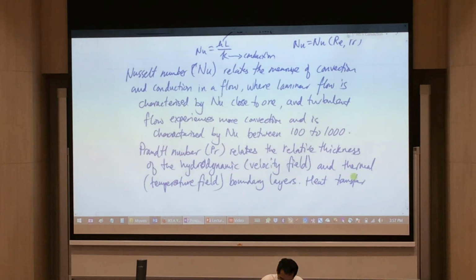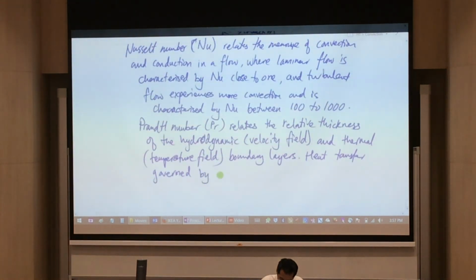And heat transfer governed by smaller Prandtl number would be dominated by thermal diffusion.